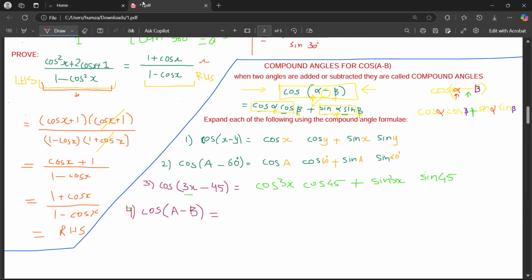Yes, Ovami, give it a try. Cos A minus B, give me the expanded form.